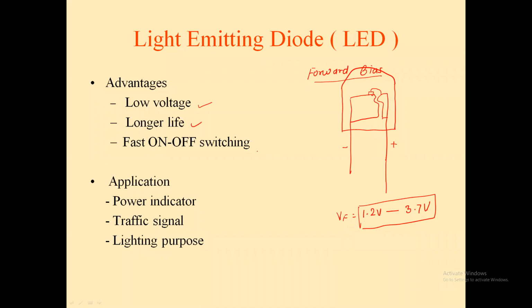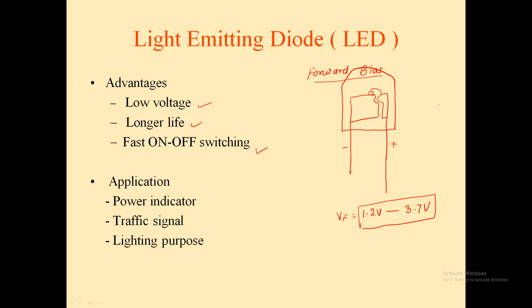The second advantage is that it has fast switch-on and switch-off timing. It means once you switch on the button, the LED will glow. Once you switch off the button, within a fraction of a second, the LED will go off.